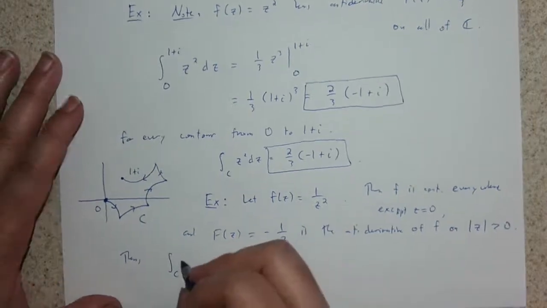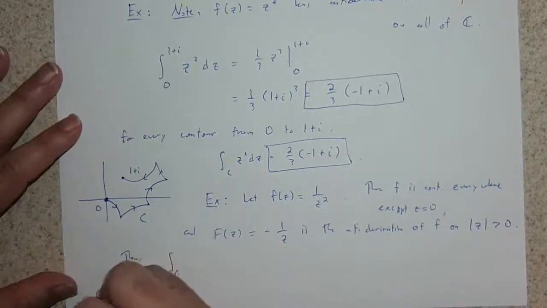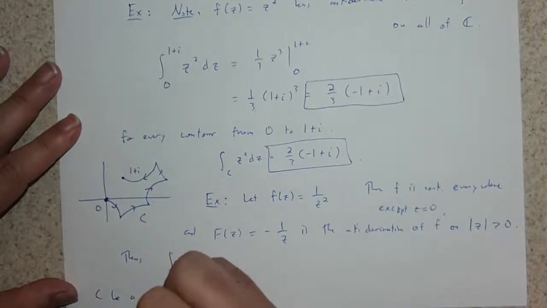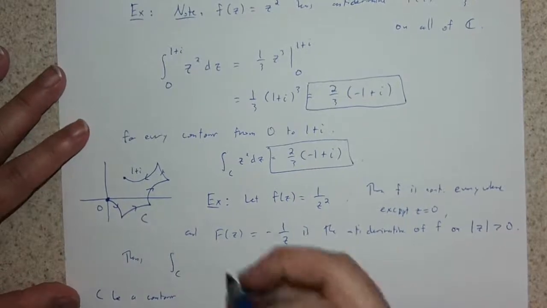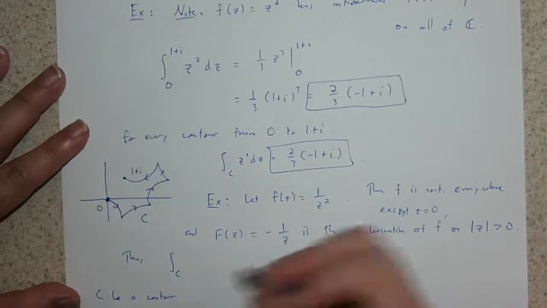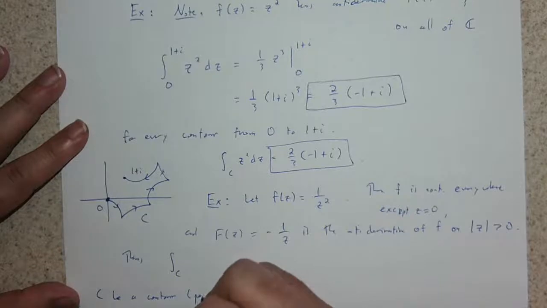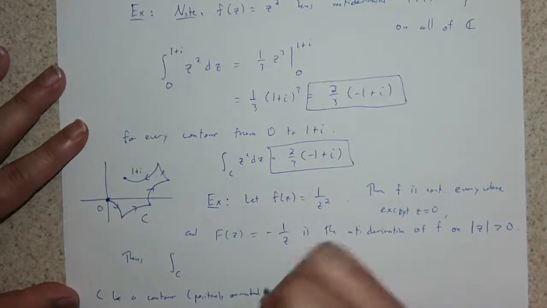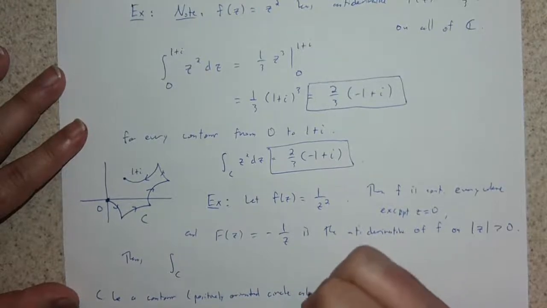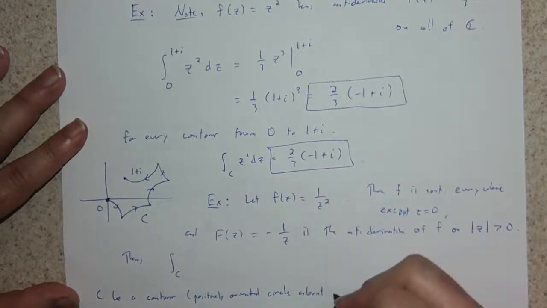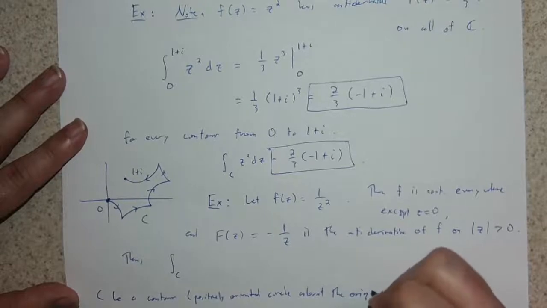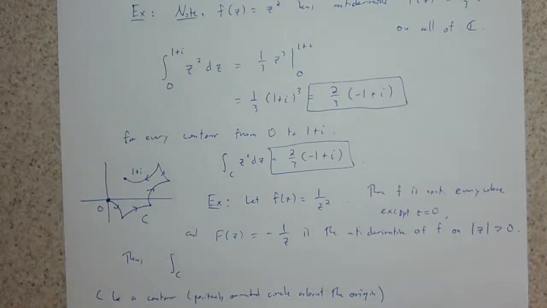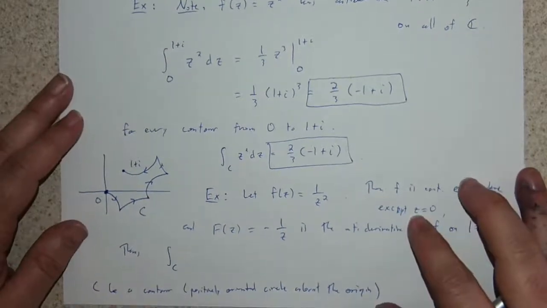So thus the integral, let C be a contour, we could just choose it, say, a positively oriented circle around the origin. But it can be any contour that just doesn't intersect the origin, that goes, say, around the origin like this.